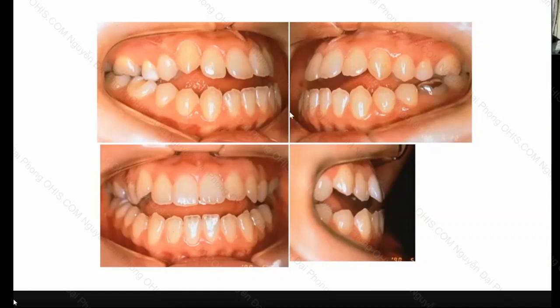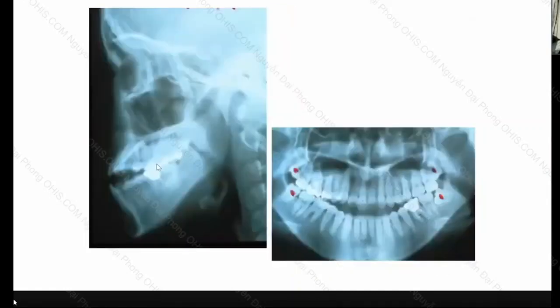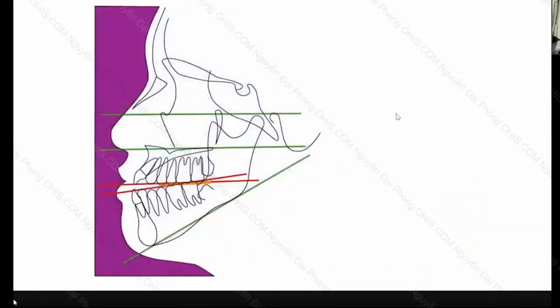Yeah, upper and lower, and see the molar crowding or posterior discrepancy. Therefore, we have to remove all these third molars and correct this upper and lower occlusal plane.